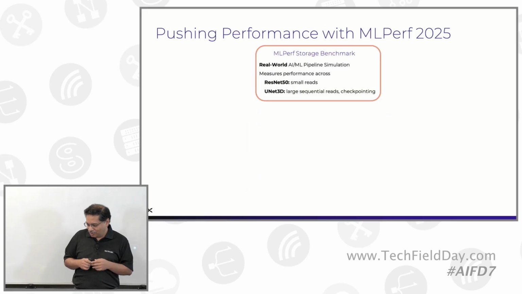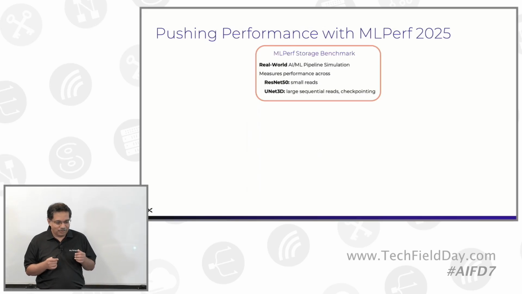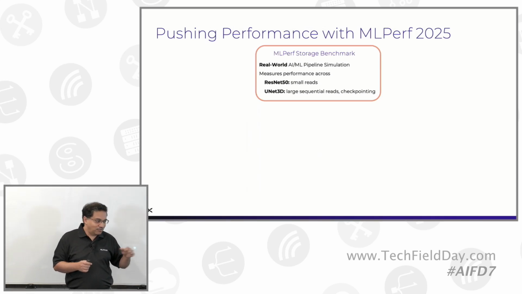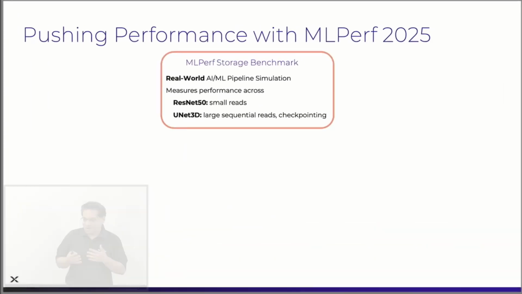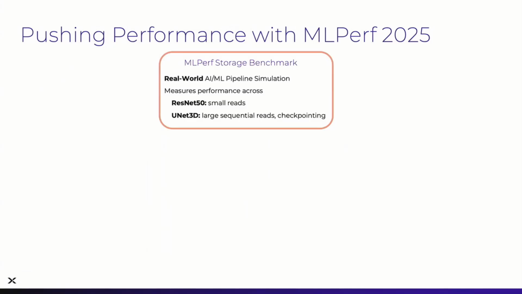And the other is UNet 3D, which is more for medical image simulation. It exercises large sequential reads and checkpointing, which does heavy writes as well, right? So workloads that work across both sequential and random reads and writes, but not typical benchmarks that you run with FIO. So it actually simulates an actual pipeline.